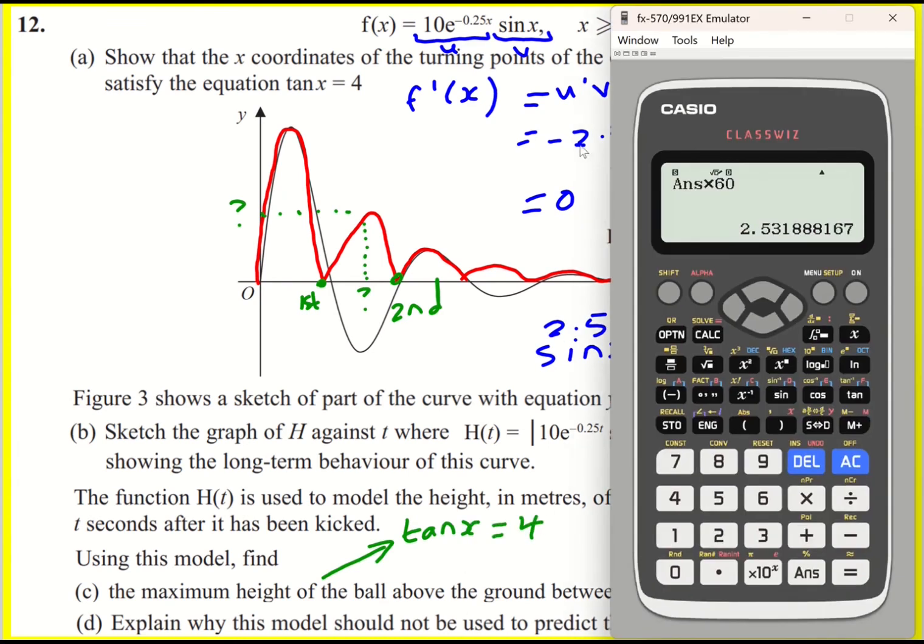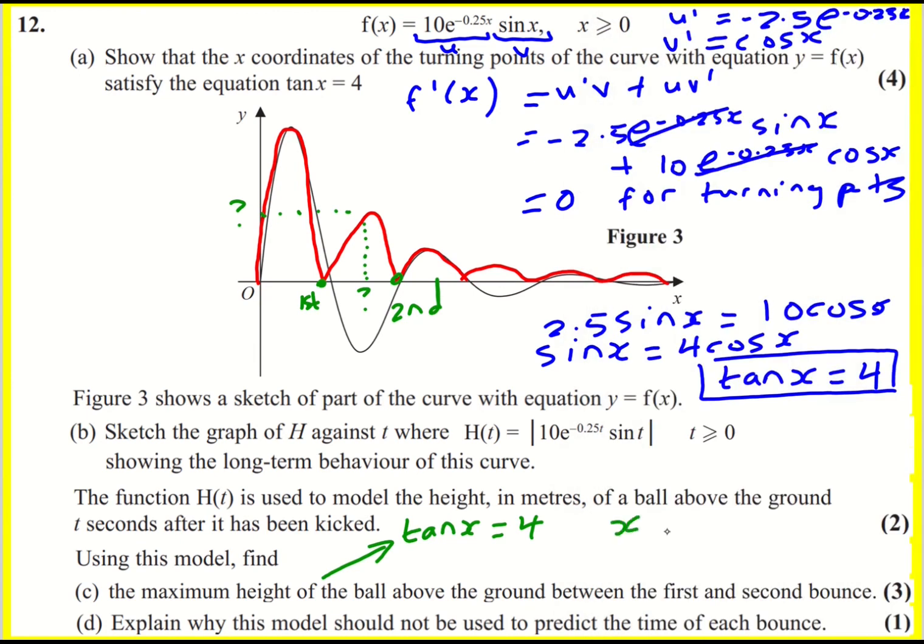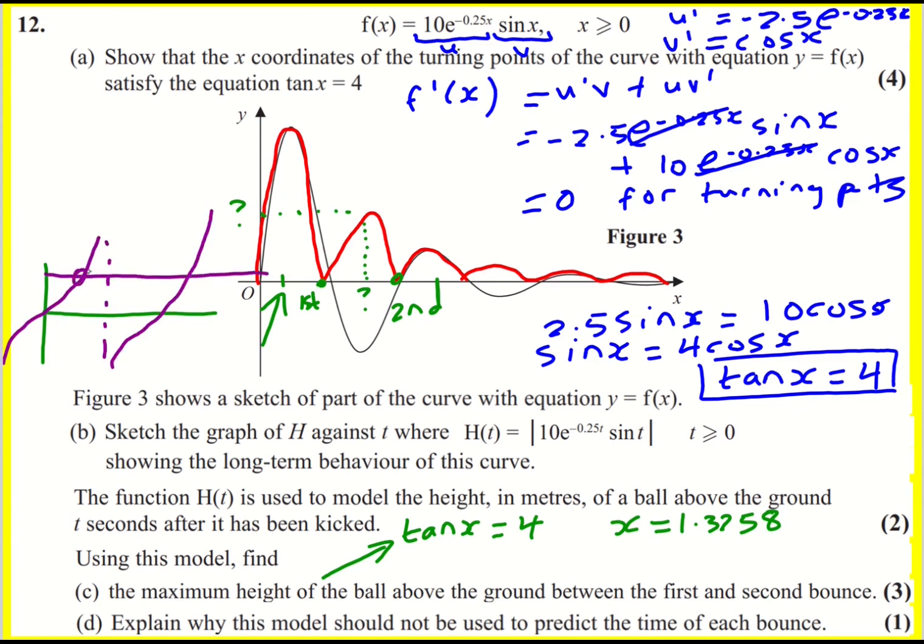Note we're using radians. We've been differentiating trig, so make sure you put it in that mode. And then we can do inverse tan of 4. That gives 1.3258. But that's actually going to be my first turning point here. So to get my next one, I just need to add on pi, because remember your tan graph? So I've got this value here.